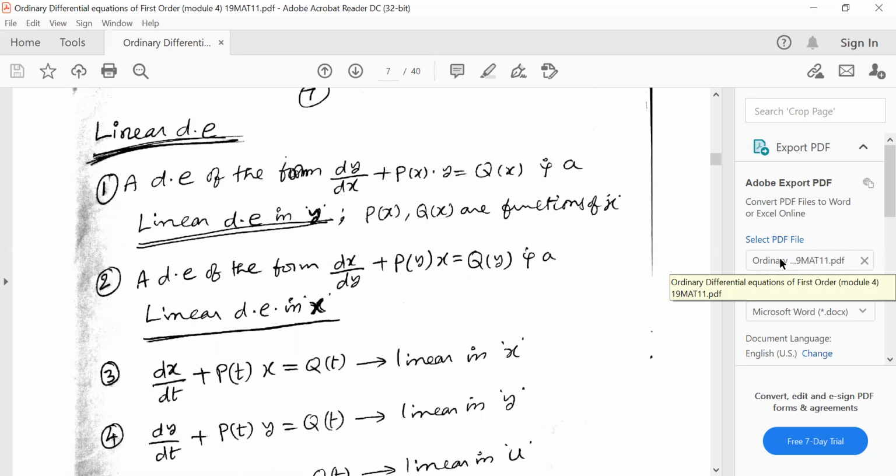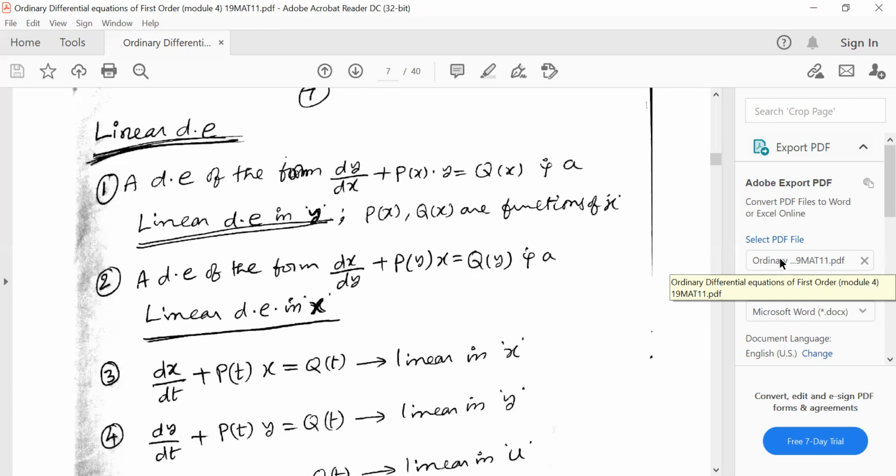If our DE is written like this, that means you are able to take dy by dx separately, you have a y term multiplied with a function of x, and you are left with a term which is only a function of x, pushed to the other side. If your DE is written in this format, it is called a linear differential equation in y, where p of x and q of x are functions of x.